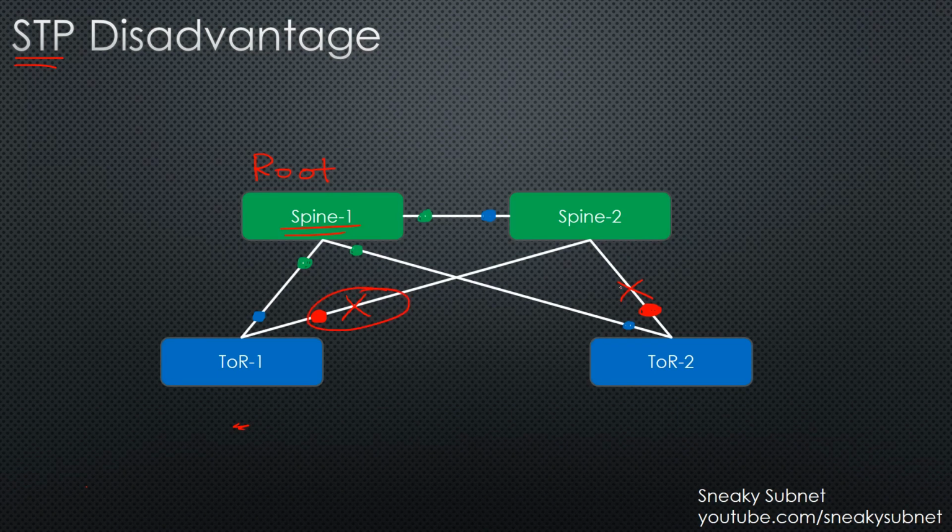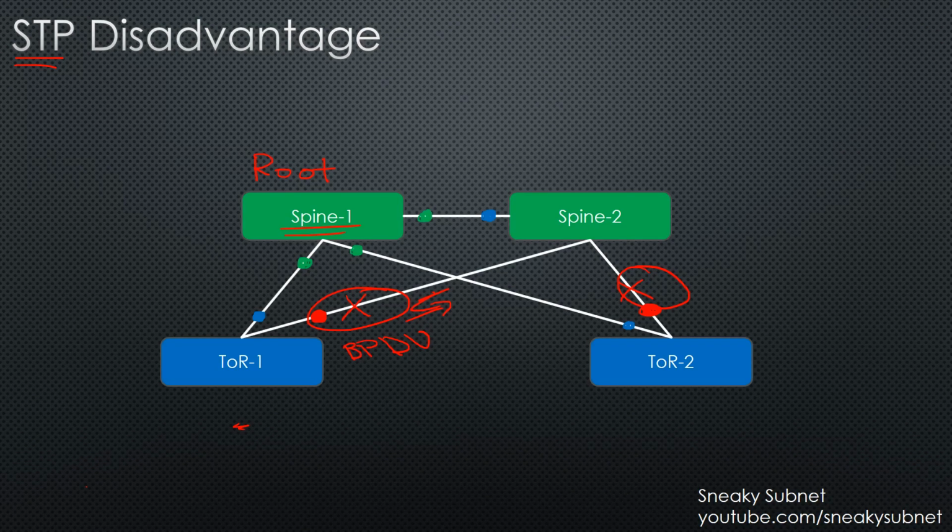This link and this link, they are blocked and they are not used for data plane traffic. Some traffic happening here, for example, BPDUs go through these ports, but no data plane.